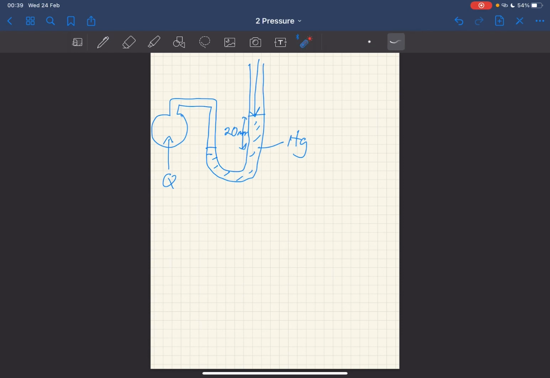Gas Q, right? Because gas Q pushes the mercury by 20 millimeter. That means pressure of gas Q equals to pressure of the ATM plus 20, because pressure of gas Q is greater than pressure of ATM. What if we change it the other way around?